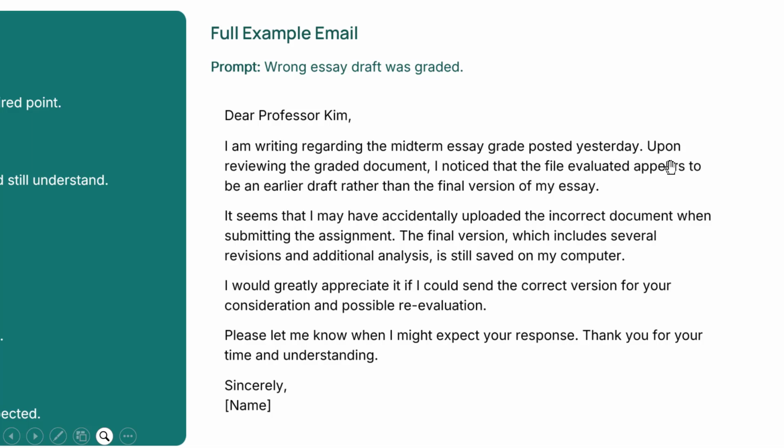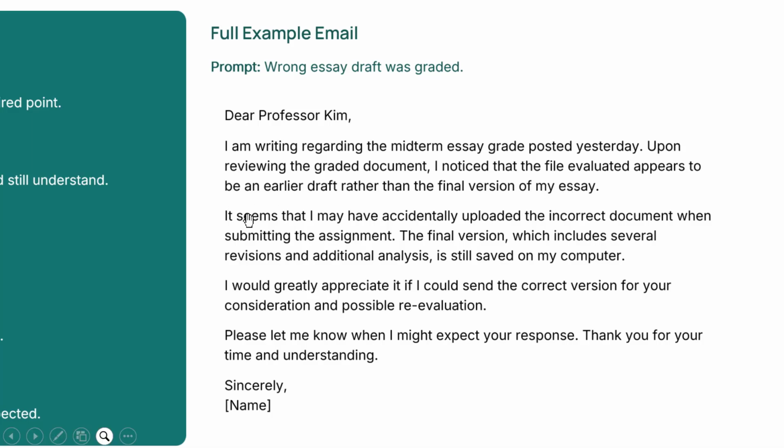Now it explains the situation, how it happened. "Upon" means "when". "Upon reviewing the graded document, I noticed that the file evaluated appears to be an earlier draft rather than the final version of my essay." It is the explanation of the situation.